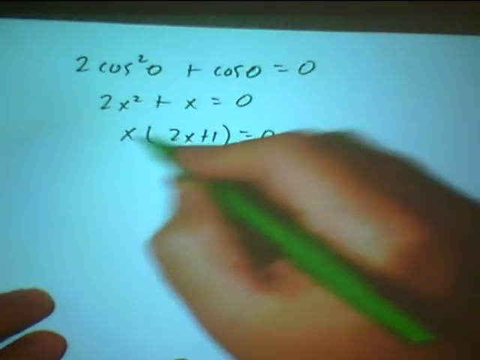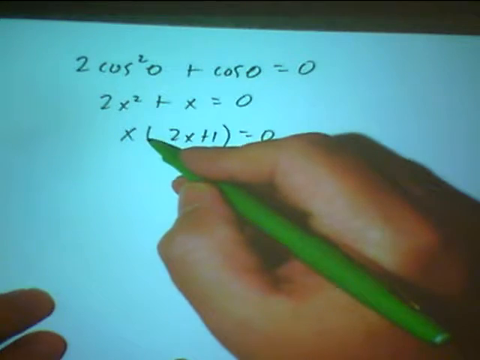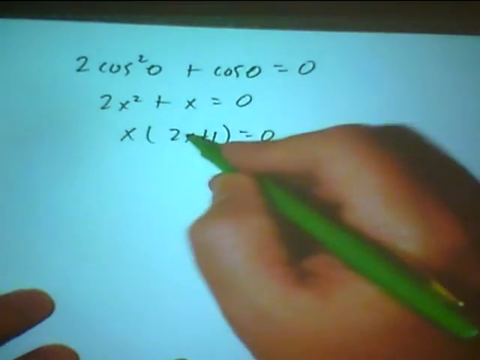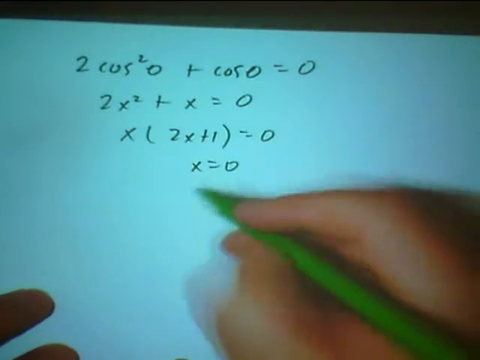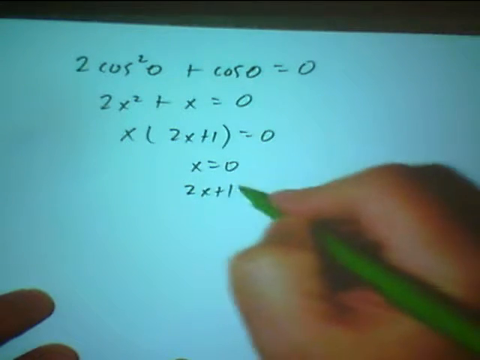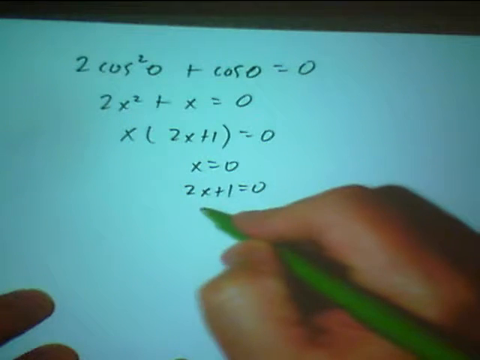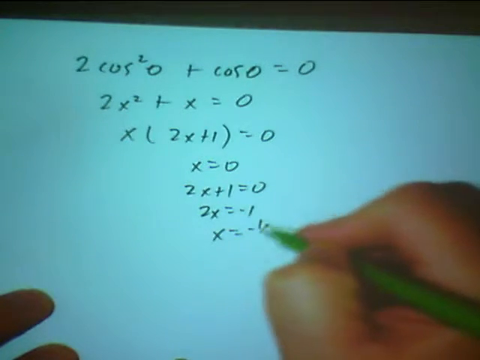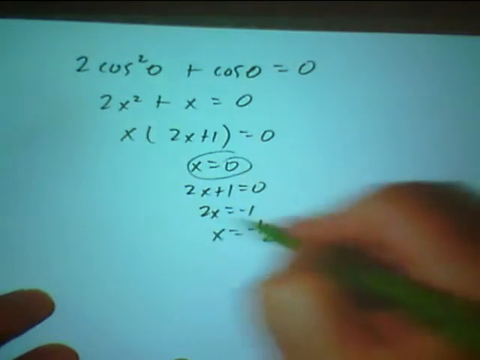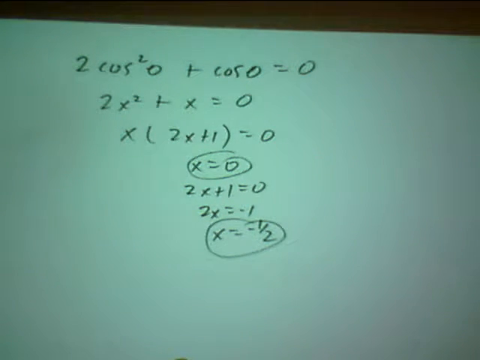And then you take these two factors, and the solutions would be when either of these factors equals 0. So x equals 0 is a solution. And then you set 2x plus 1 equal to 0 and solve for x, and there are your two solutions. We're going to do the same kind of thing, except instead of x, we just have this trig function, cosine theta.